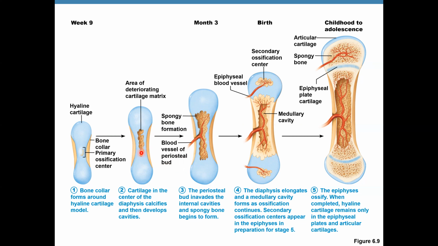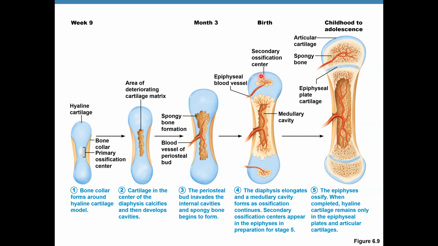That's why cells are dying. But when the periosteal bud invades this area, here we have blood supply, and we have also osteoblasts, right? So now osteoblasts start replacing the cartilage, and the medullary cavity is formed. So this is called the primary ossification center.